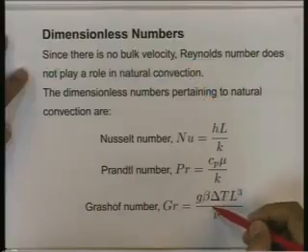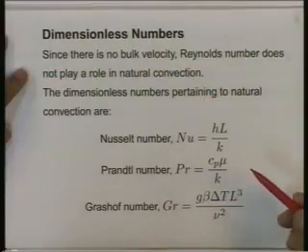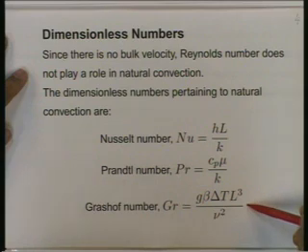Since Reynolds number does not exist, but the whole process of natural convection is caused by temperature difference leading to density difference, leading to buoyancy force and flow, the temperature difference would be represented in a dimensionless number, and that dimensionless number, a very common number in natural convection correlation, is the Grashof number.